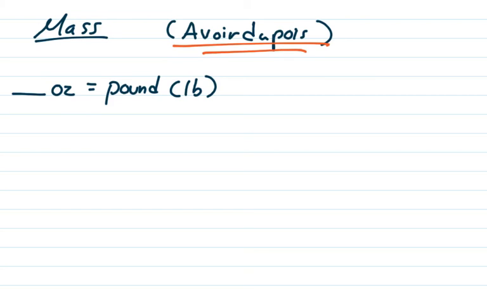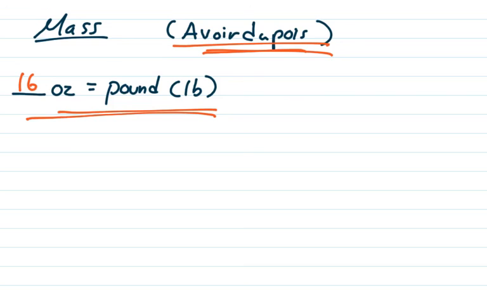Okay, when we're talking about the U.S. Customary System and just what we're going to use on a daily basis, it's this Avoirdupois system, and that defines a pound as 16 ounces. Okay, and that's all I want you to remember is that 16 ounces is equal to 1 pound. All right?